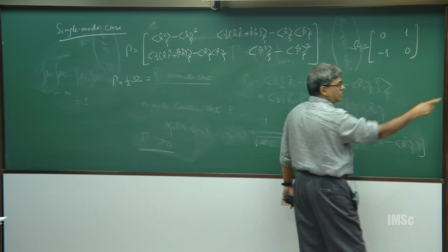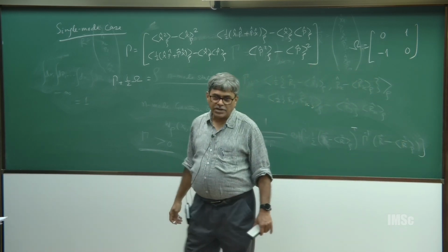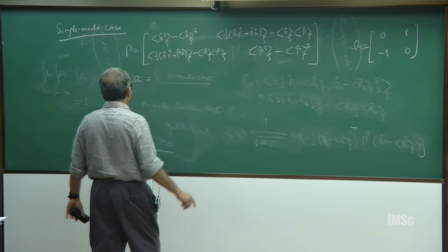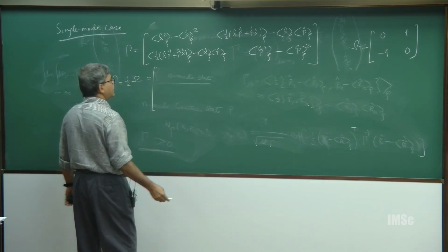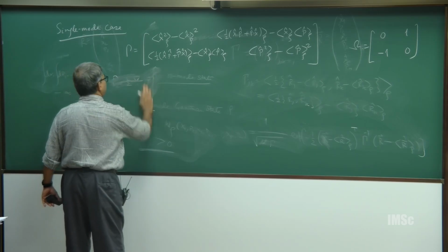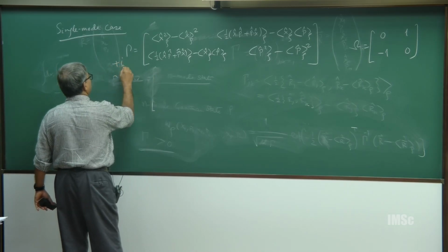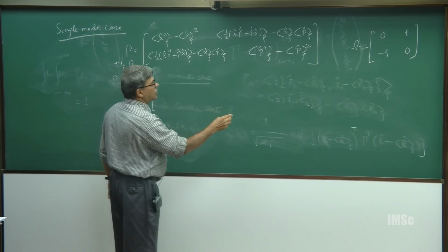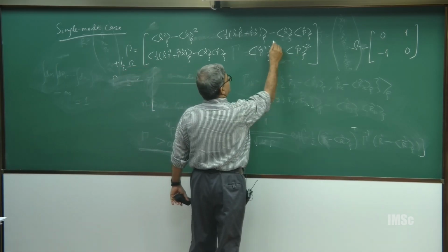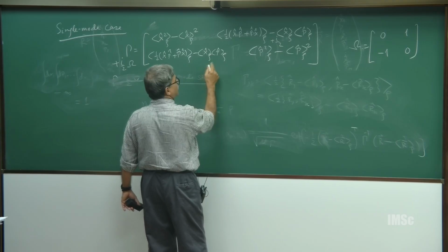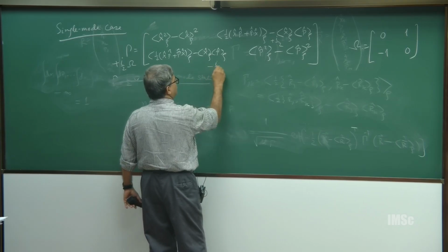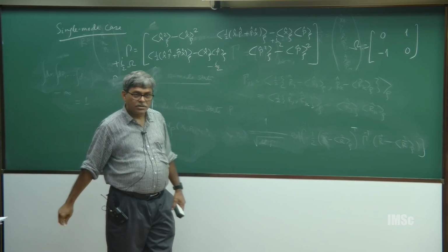So, if I look at this, this plus iota by 2 and this minus iota by 2, right.